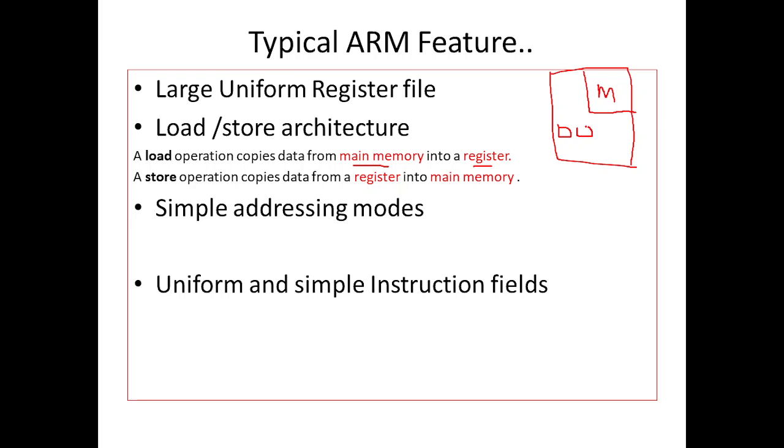A register is a temporary memory. We can use the register for temporary storage. There are a total of 37 registers available in ARM7. So this is the memory. What does load mean? It copies the data from main memory to the register. And store means what? Store means the data goes from a register into the main memory.